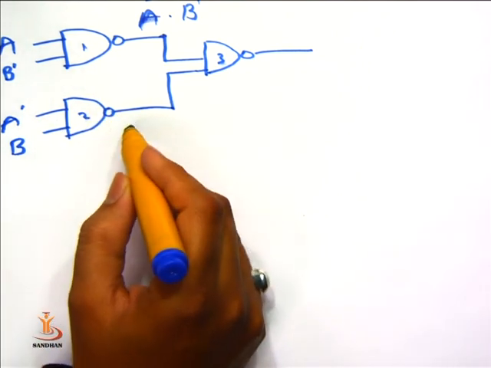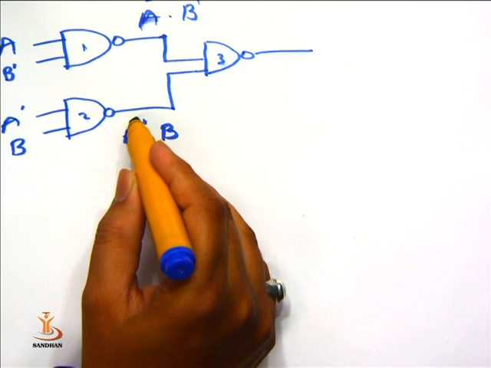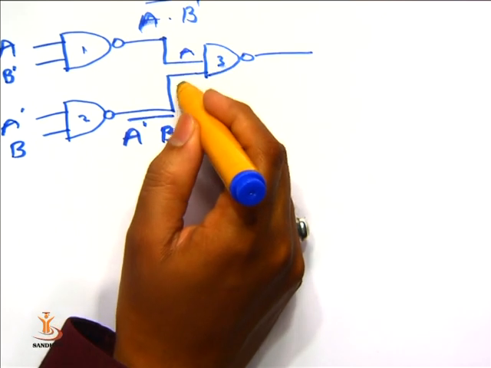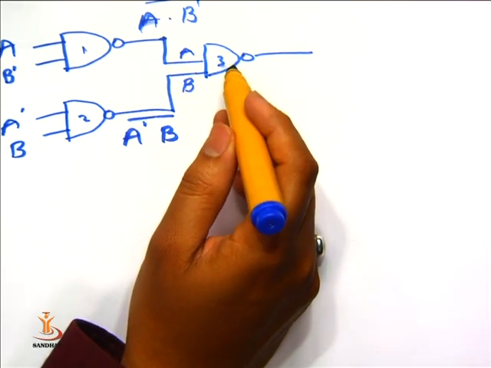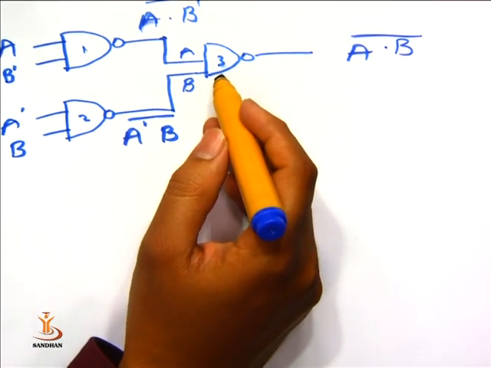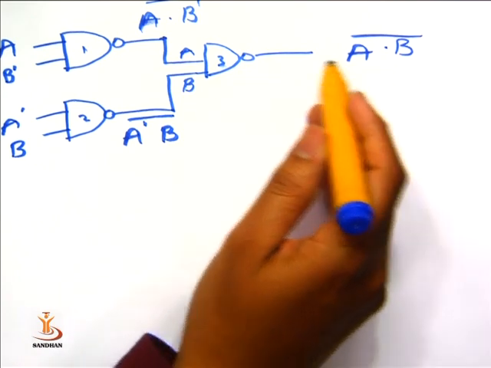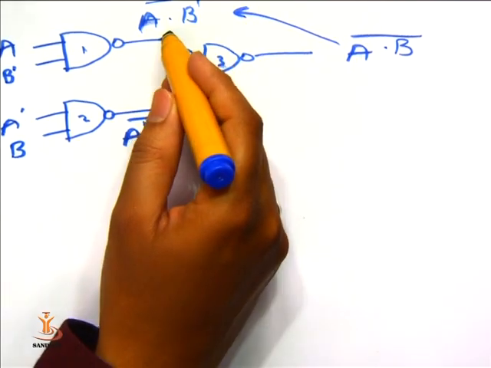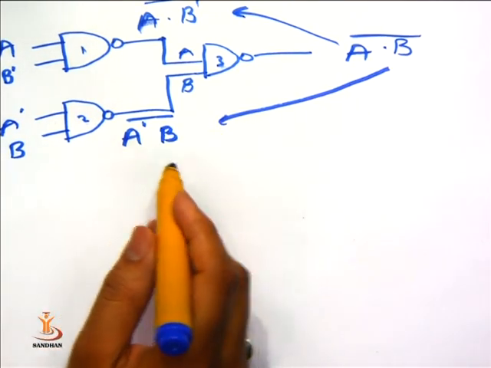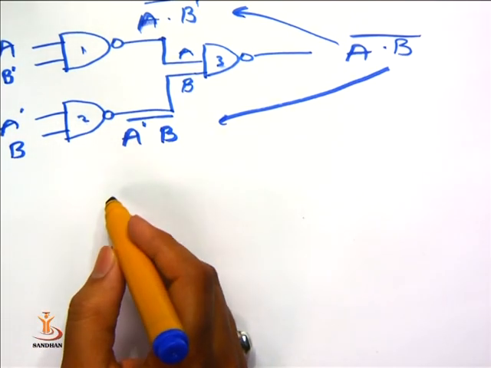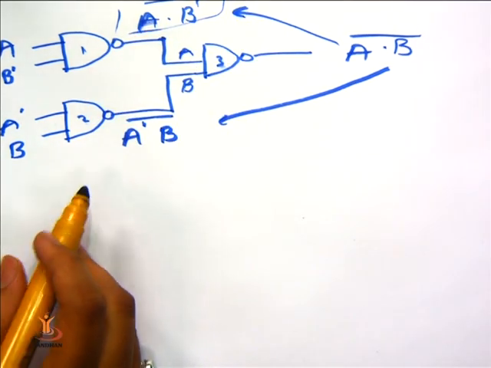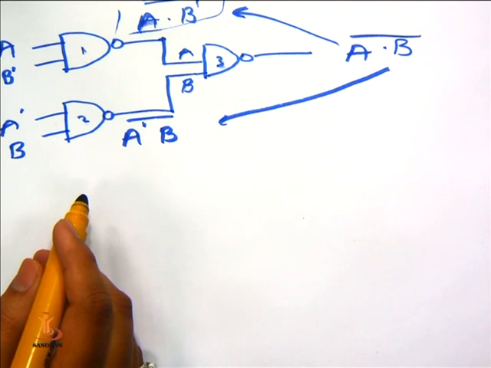Output for the second NAND gate is A dash B bar. Now suppose we give A and B to the third NAND gate, output will be A dot B bar, but in this case we have not used A and B. Instead of A we have value A dot B bar, and instead of B we have value A dash B bar.